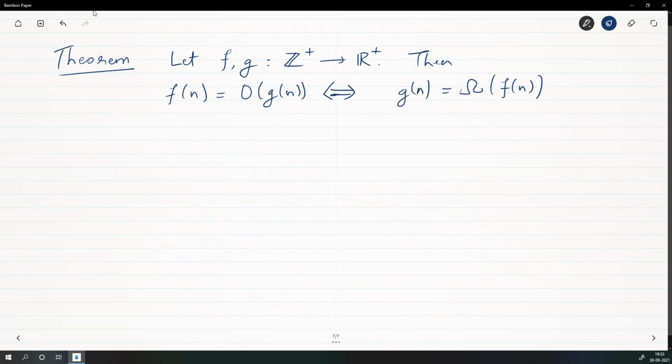So big O and big omega are in some sense inverse relations.